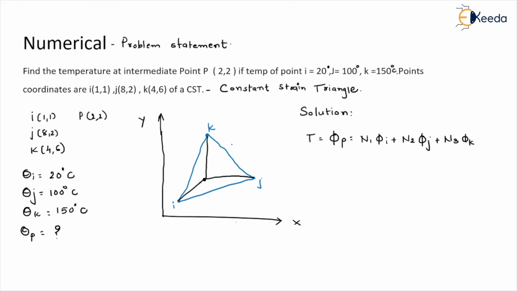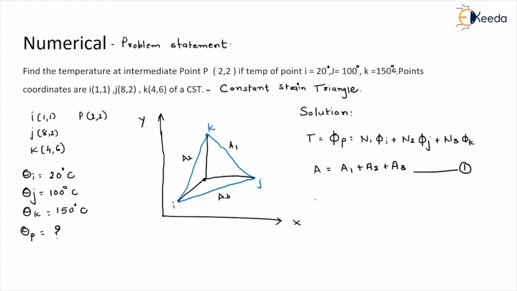This triangle is denoted by A1, which is opposite to node I. This is A2, which is opposite to node J, and this is A3, which is opposite to the K node. So the total area of the triangle is A1 plus A2 plus A3. Fundamentally this thing we know.